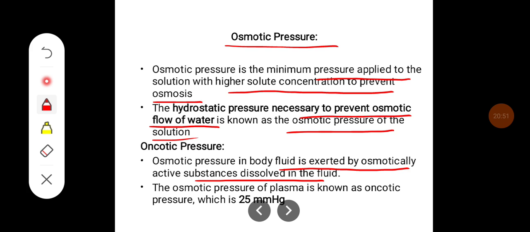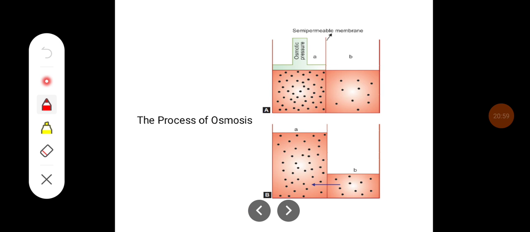The osmotic pressure in the plasma is known as oncotic pressure, which is 25 mmHg. So the osmotic pressure can be defined as the amount of pressure required to maintain the same volume in compartments A and B when the concentration is high in compartment A.